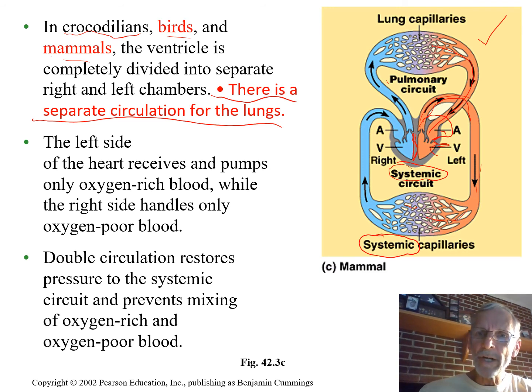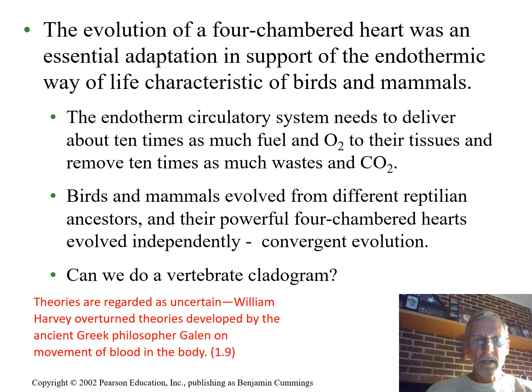Okay, pulmonary is the lung word, and since cardio is the heart word, this system is often referred to as the cardiopulmonary system, involving the heart and the lungs and all that stuff. And we'll come back to that when we get to focus more on lungs and gas exchange.